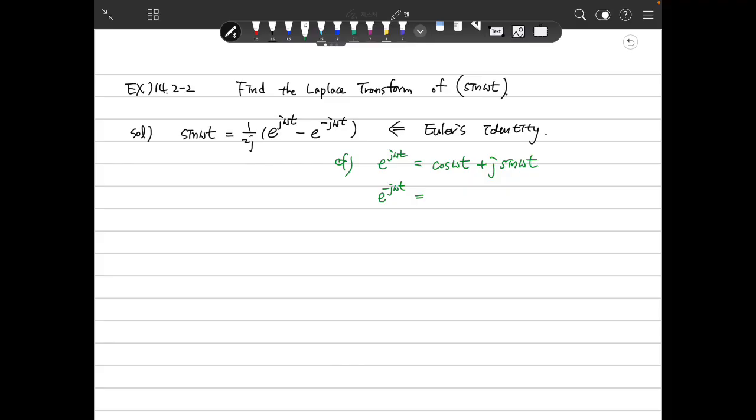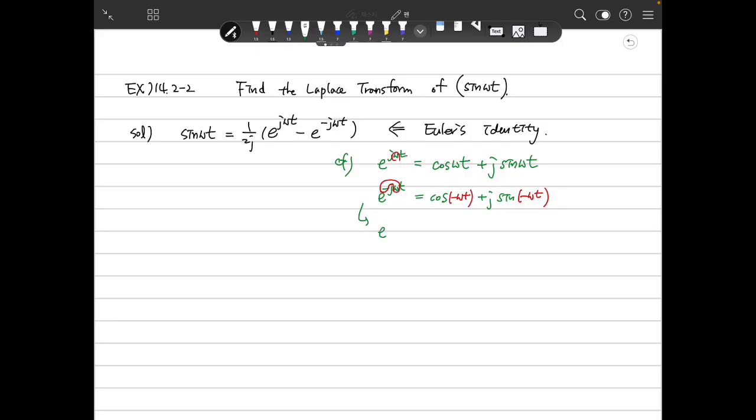The cosine is an even function, so the omega is replaced by minus omega. We can rewrite it as cosine minus omega t plus j sine minus omega t.